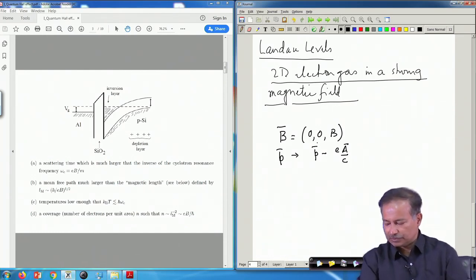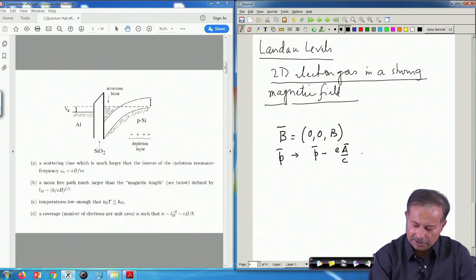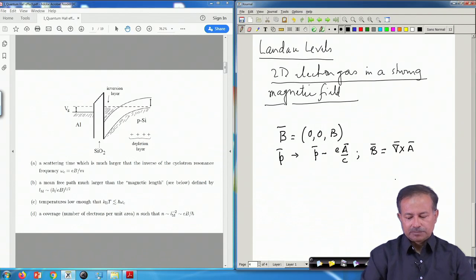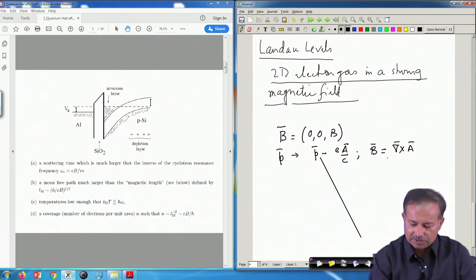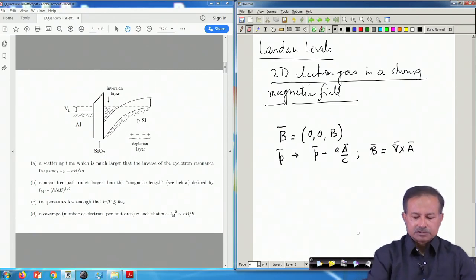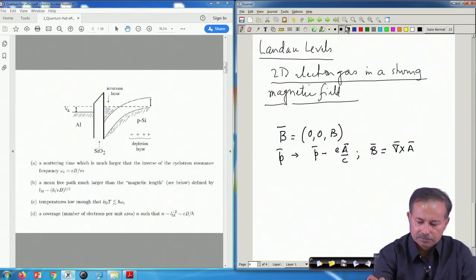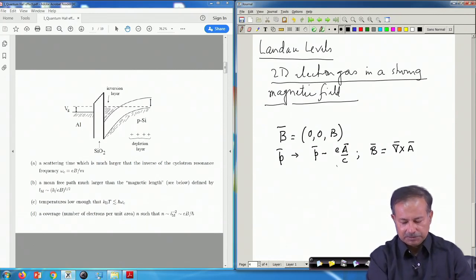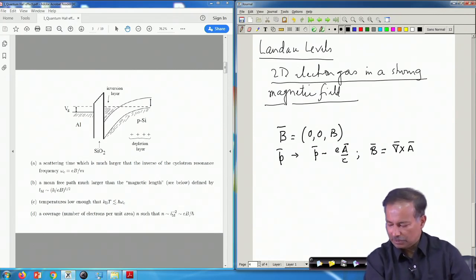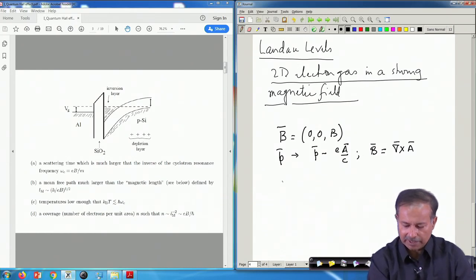So, e here is of course negative, and the other thing that we have to use is B, where B is equal to curl of A. This is the vector potential that we have all done in our electrodynamics, and P minus e A by c is the canonical momentum in the presence of a magnetic field. So, this we have to just incorporate into our theory. For that we need to know what A is.